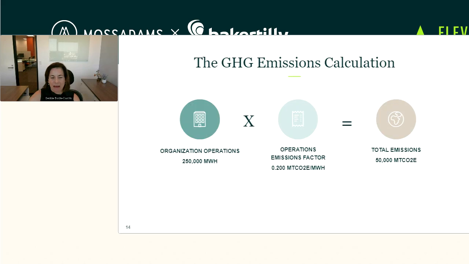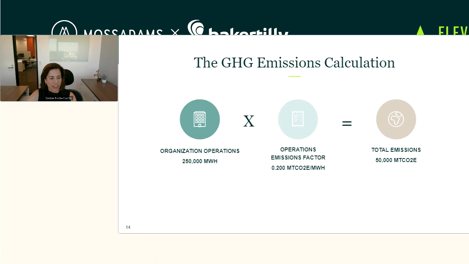This is a very, very high level example of the greenhouse gas emissions calculation. In the simplest way to explain this, we are taking activity data, so our organization's operations over here, this 250,000 megawatt hours. That's our activity data. We are multiplying that by an operations emission factor, and we are getting our total emissions.